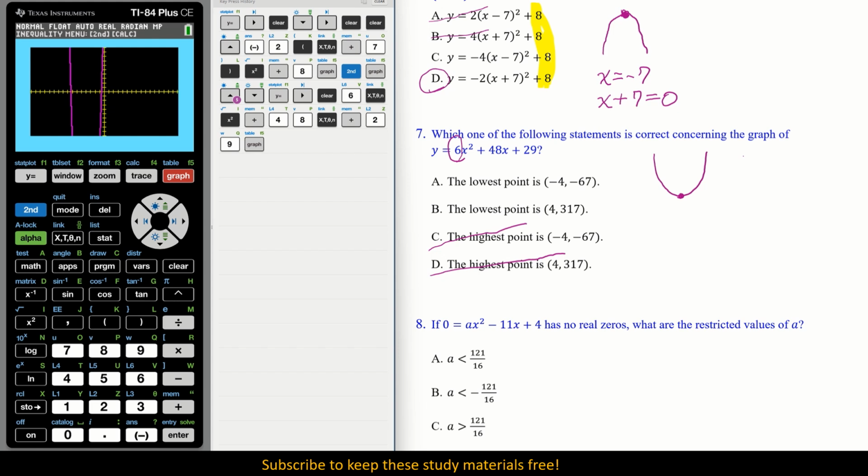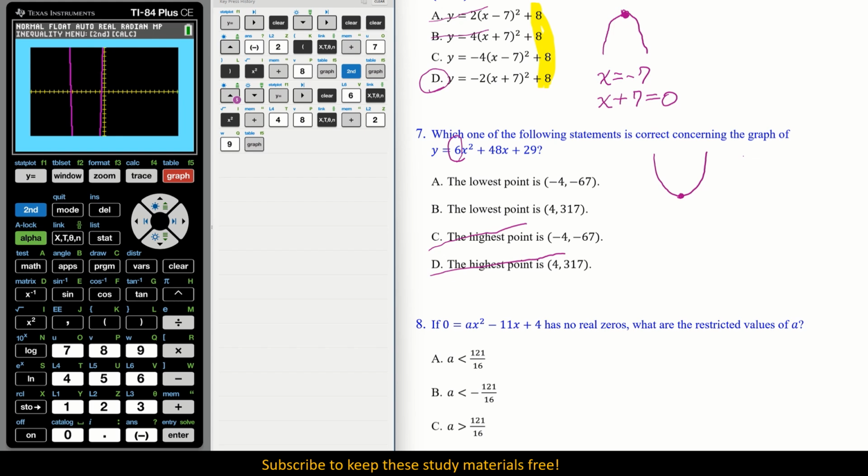It's kind of hard to zone in on, but I knew that if it was going to be a minimum, and it is quadratic, the axis of symmetry will be somewhere in the middle. Let's say it's somewhere between -5 and -3.